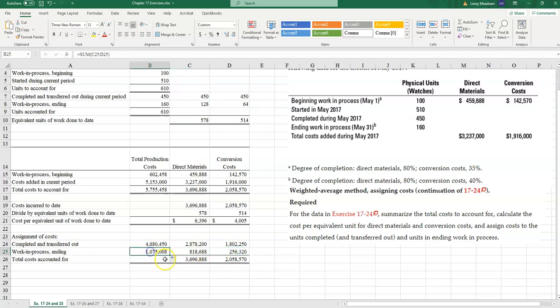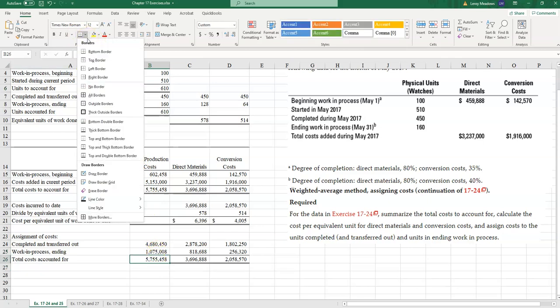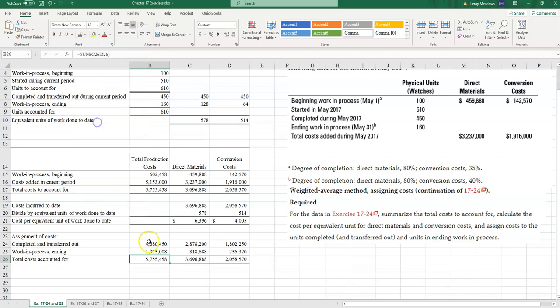So that's how I get my $1,075,008. And here, when I add that up, my total cost accounted for is $5,755,458. Is that the same as my total cost to account for? Yes, it is. So we did good on this.